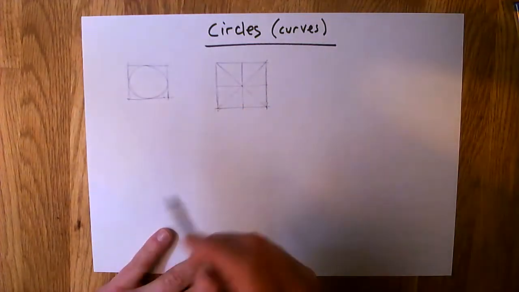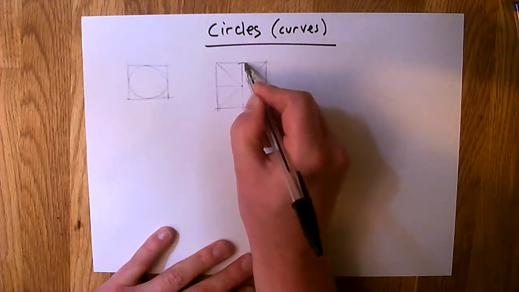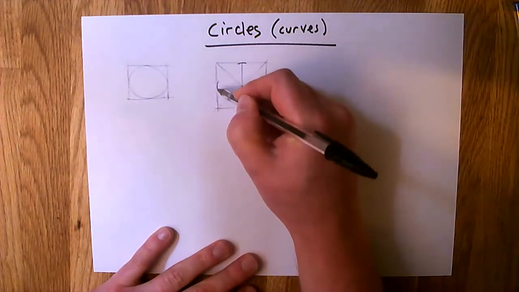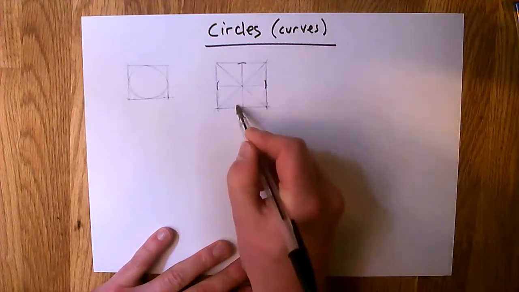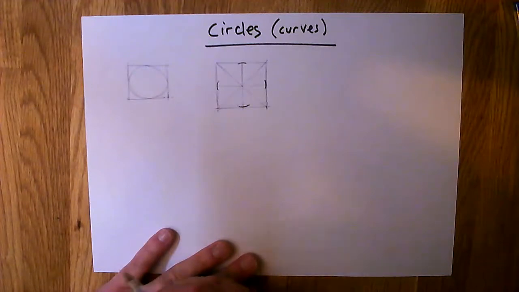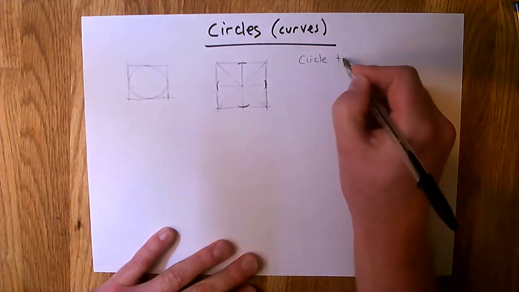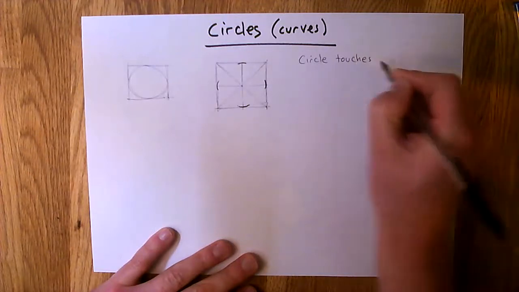Now a circle, I want to introduce the 4 points of a circle. A circle touches the edge of the square there, there, there, and there. 4 points. So a circle touches 4 points.